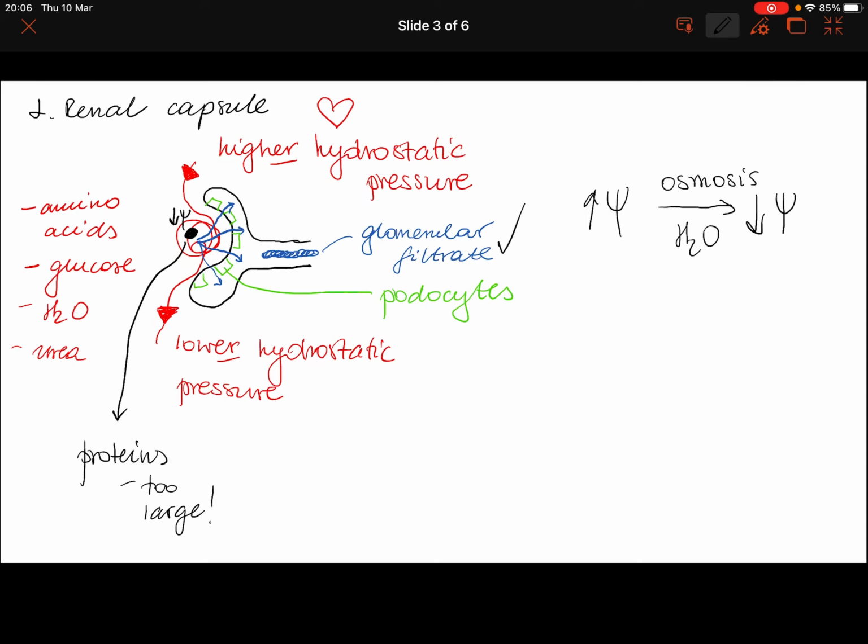So this glomerular filtrate, of course, has here the glucose. Glucose is important to us because it's a substrate for the aerobic respiration, and our body will want to recover glucose. The recovery of the glucose, the reabsorption of the glucose, happens in the proximal convoluted tube.